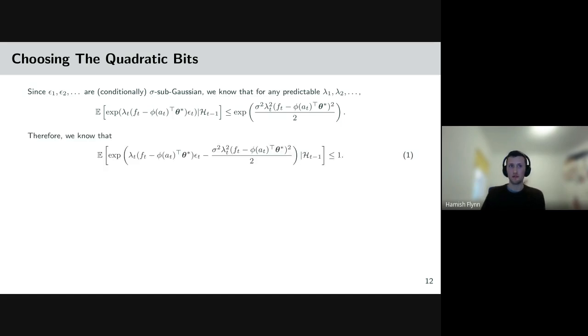And because, given the history H_{t-1}, the right-hand side of this first inequality is no longer random, we can move it to the left-hand side and inside the expectation. We now have that the expected value of the exponential of something quadratic is less than or equal to 1, which is what we wanted. So we could just stop here and define M_t as the product of t of these exponential quadratic terms, and then M_t would be a super-martingale. But before that, I have a comment and some simplifications to make.